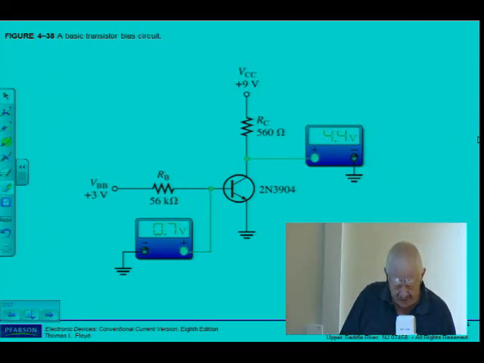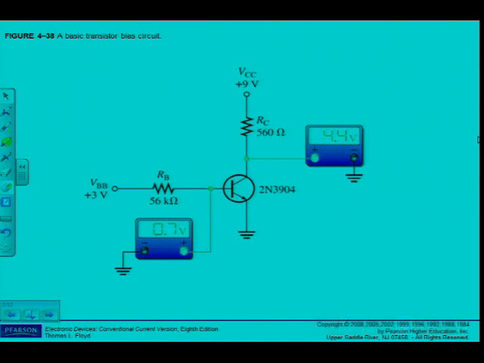It will be for beta DC in this case 200 for the 2N3904. A different hFE or beta DC will of course produce different results for a given circuit.